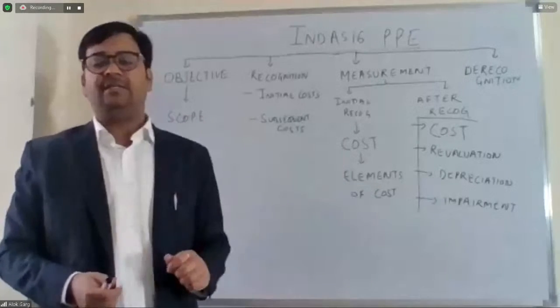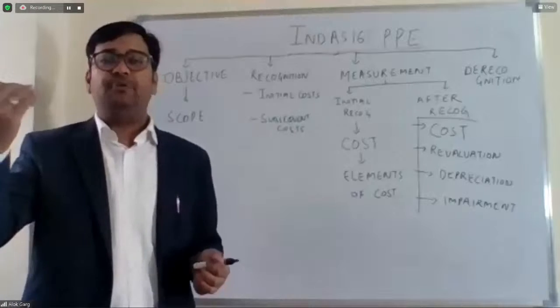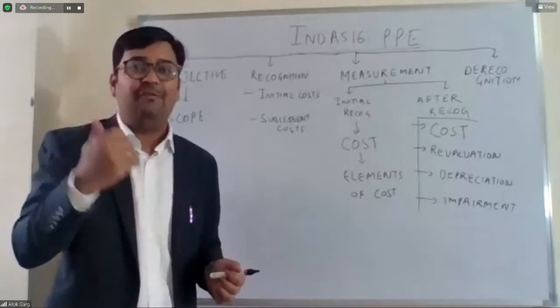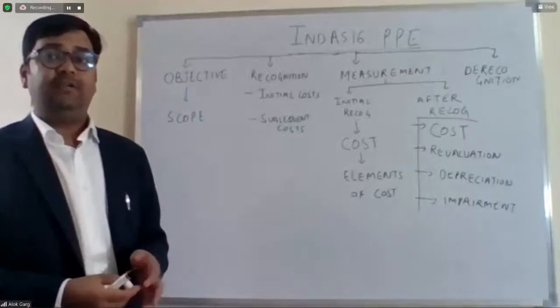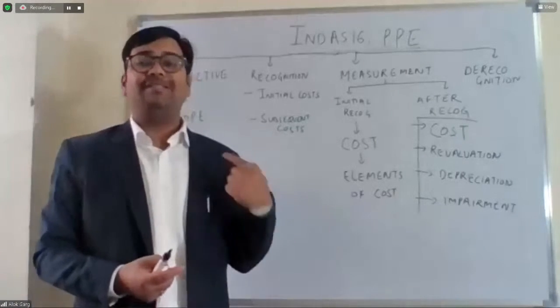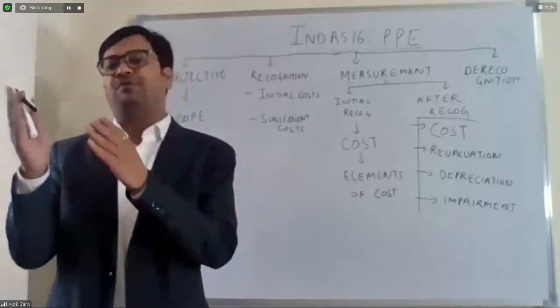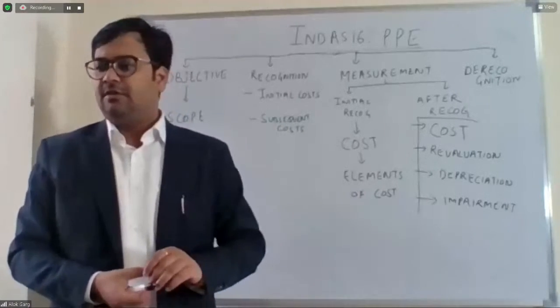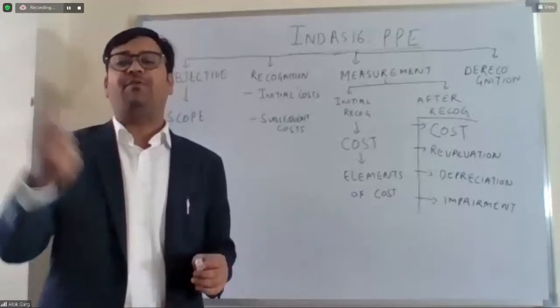Then we discussed, after recognition, at reporting date, at what value it has to be carried in the books of accounts. Then we will be discussing the derecognition criteria, when an item has to be removed from the books of accounts. Can any of you tell me when an item has to be removed from the books of accounts?